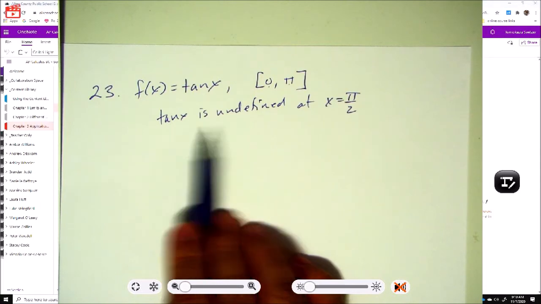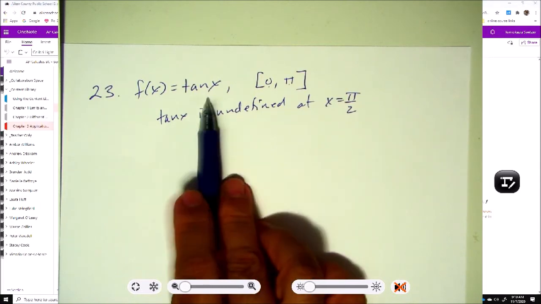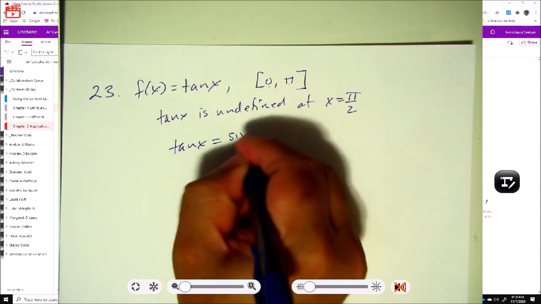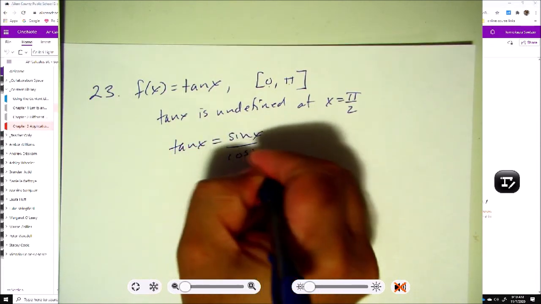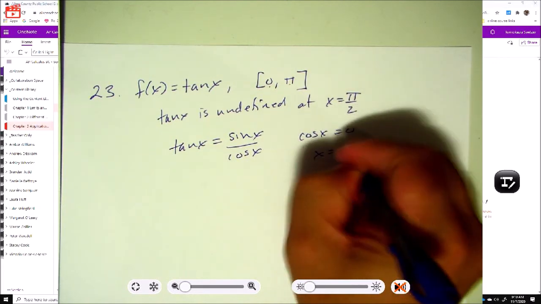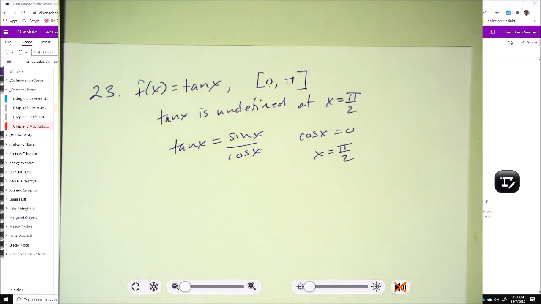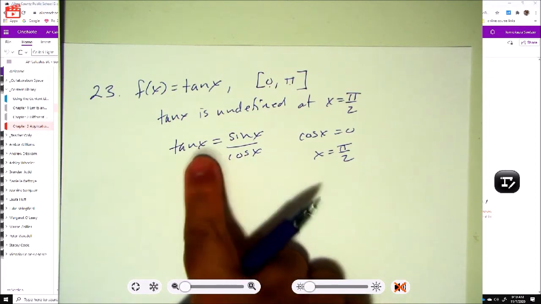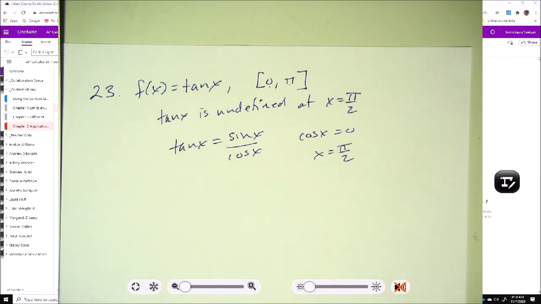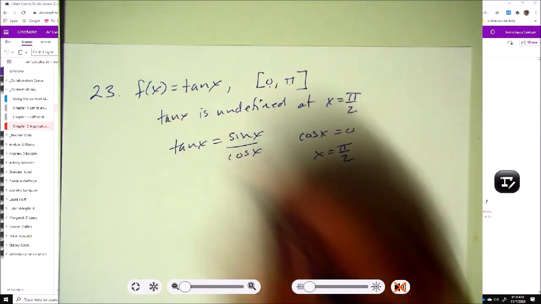So let's go back and look at this again. Tangent of x is equal to sine x over cosine x. Cosine x equals 0 when x is pi over 2. So tangent is undefined at x equals pi over 2, so it's not continuous. So I am confused by this question.